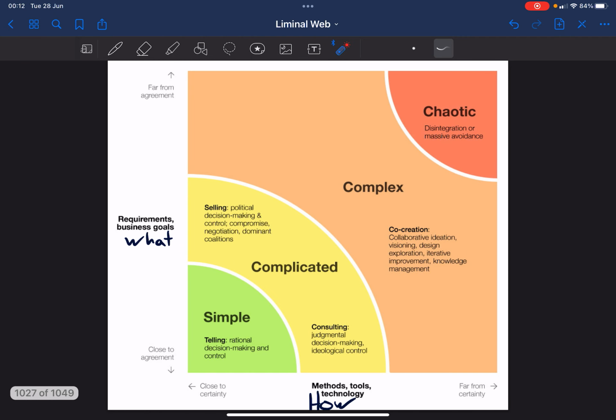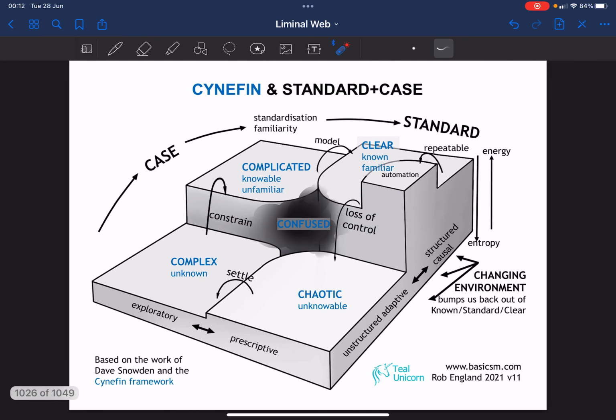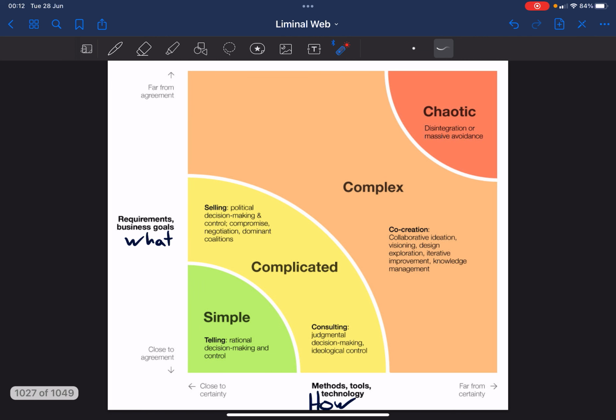And as you can see, there's a high amount of overlap. We've got ourselves simple, complicated, complex, and chaotic, very much as we do with clear, complicated, complex, and chaotic in the Cynefin Sensemaking Framework.